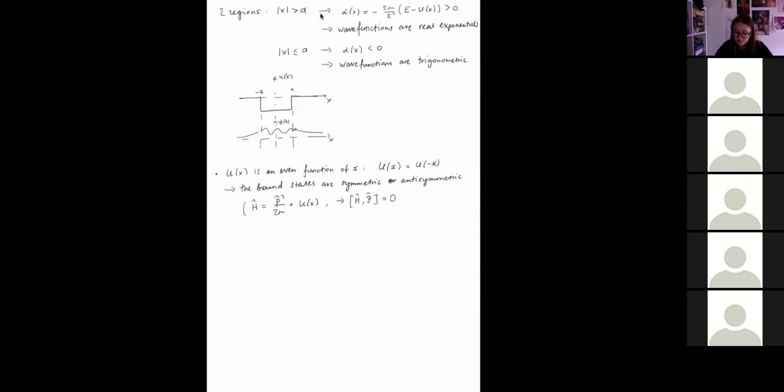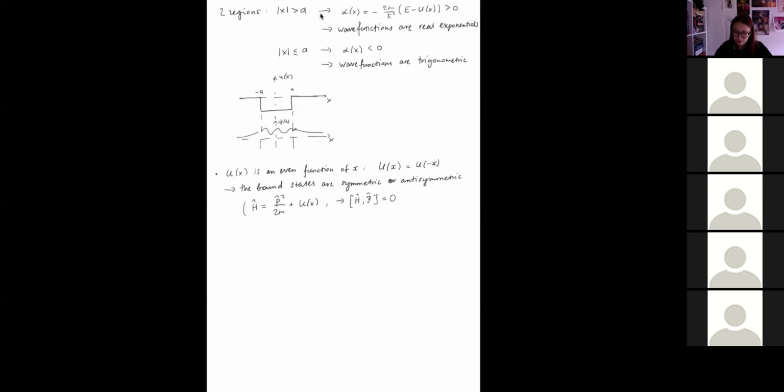And another thing that we know is that if two operators commute, then they share an eigenbasis. So essentially they have the same set of eigenfunctions. This is quite trivial to show. I think it would be a nice exercise if you do it. But this is just something that is true for two operators which commute.